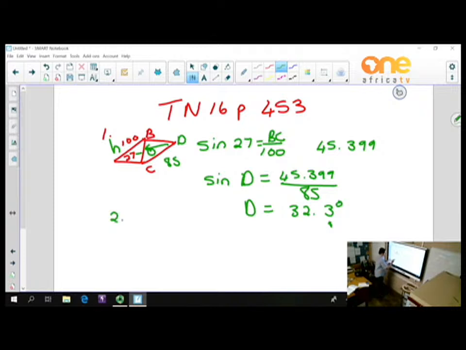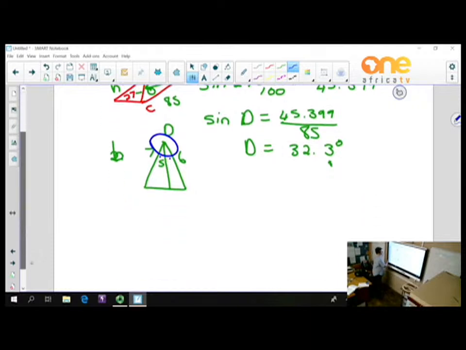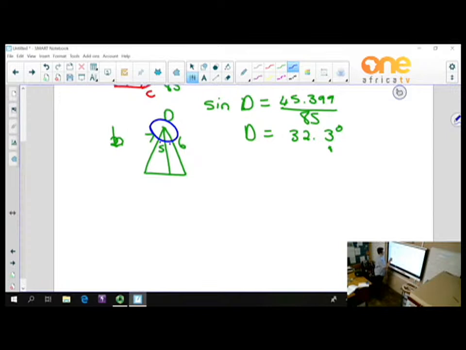Right, the next one, or this is actually number B now. So again, every time here we have 2 right angle triangles, 5, 7, 6. So we have to find D, and D is actually this whole angle there. But we'll have to find separately those 2 angles. So the question is, which function are we going to use?